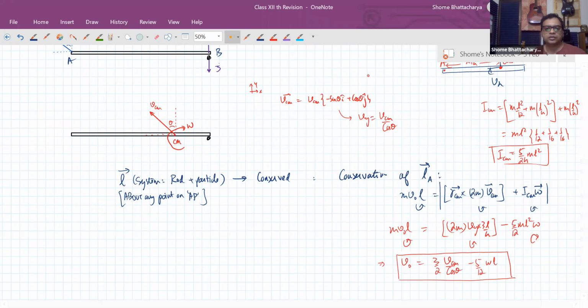Okay, I think I've only written it as 5 by 24 above. So this is my first equation.